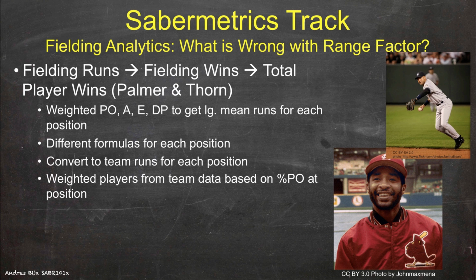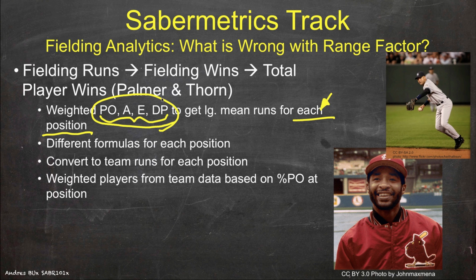They looked at each position on the field, and they decided the value of each of these measurements in trying to measure the fielding value of each position. So one example of this was putouts were de-emphasized for catchers and first basemen. Errors are different on the infield and the outfield. Each position had their own formula and their own analysis.